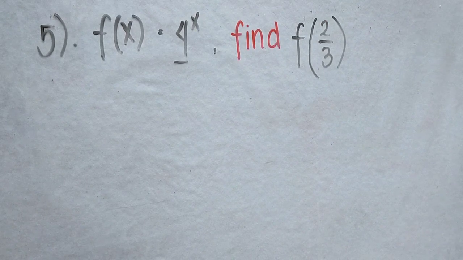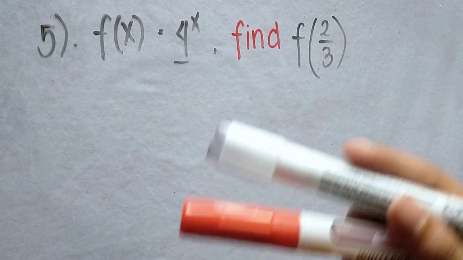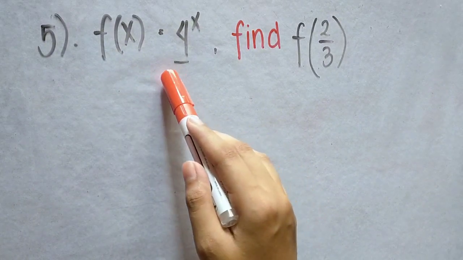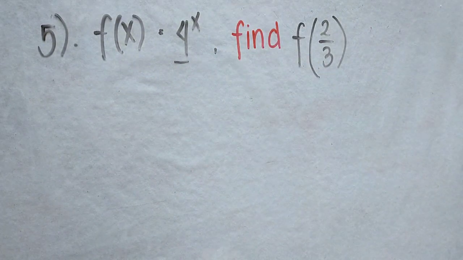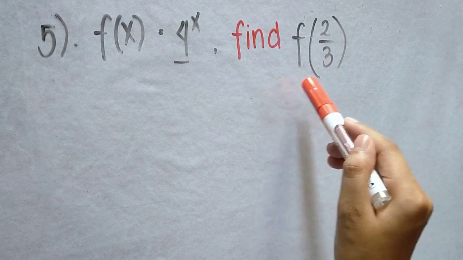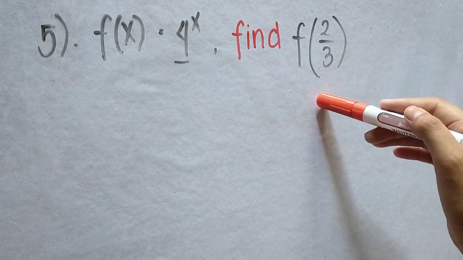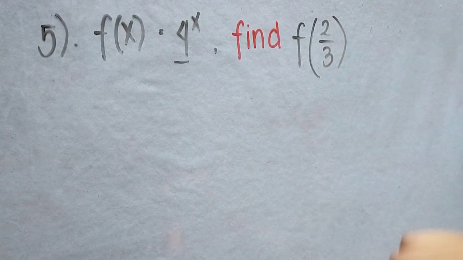Now, nandito na tayo sa exciting example. For our fifth example, we have f of x is equals to 4 raised to x, pero ngayon, ang hinahanap naman natin is f of 2 over 3. And kung napapansin nyo, nakalagay na siya in fraction form.